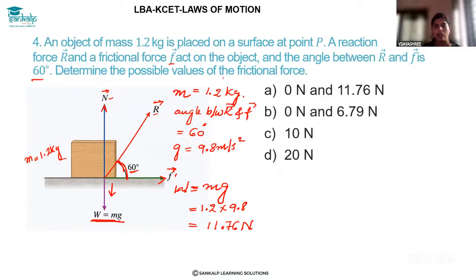Weight is equal to 11.76 Newton. It is a force. The weight of the object is 11.76 Newton.